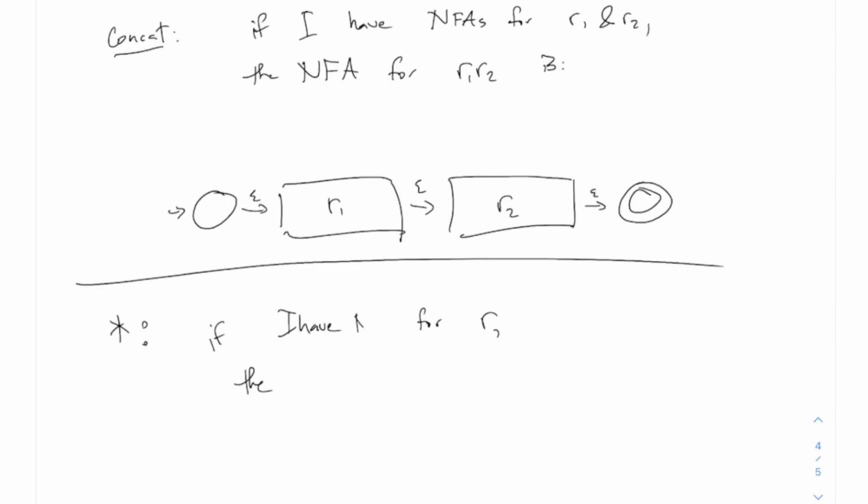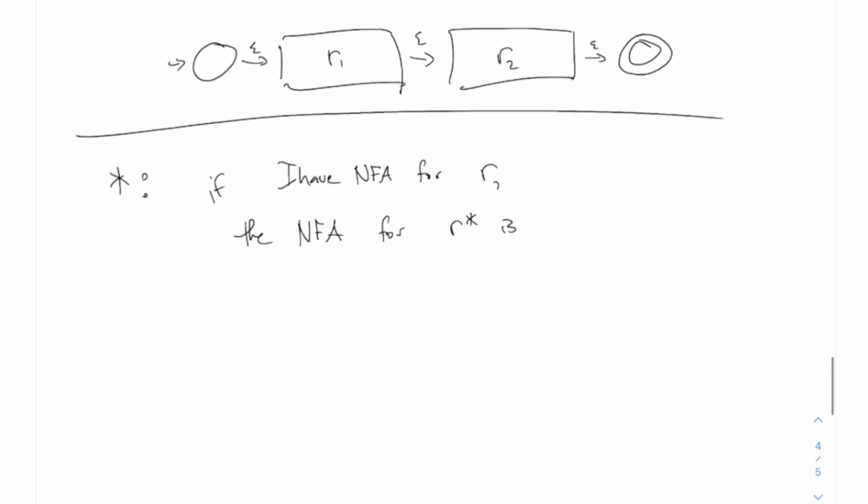If I have an NFA for R, then the NFA for R star is, this one's going to look a little cuter. Anybody have an idea? I am going to begin like I did up there. I'll have a starting state which epsilons into the R. I want an NFA which allows you to do R over and over again. That's the idea of the star.